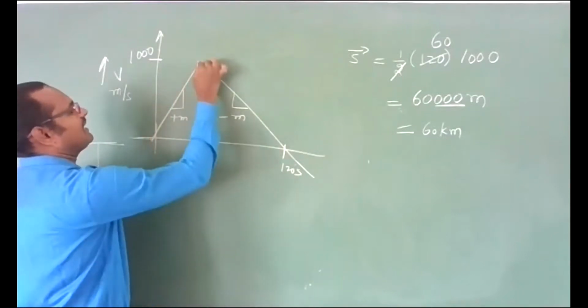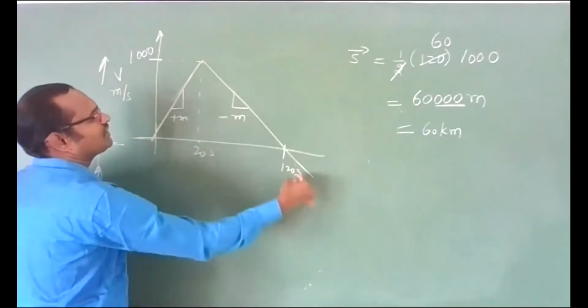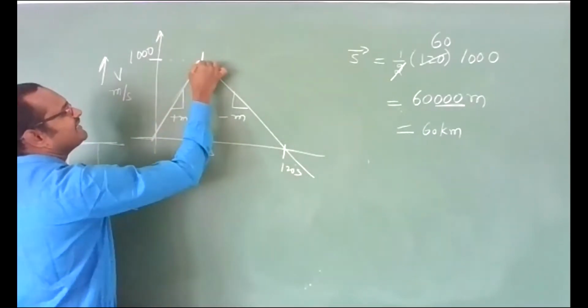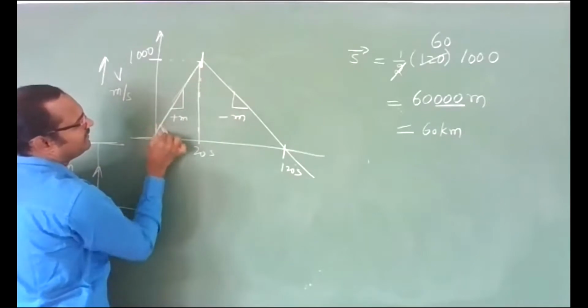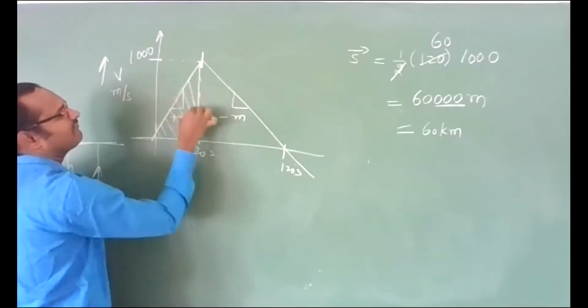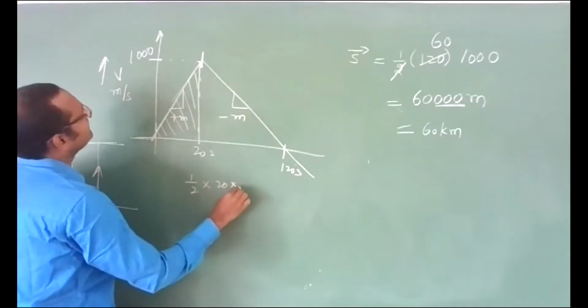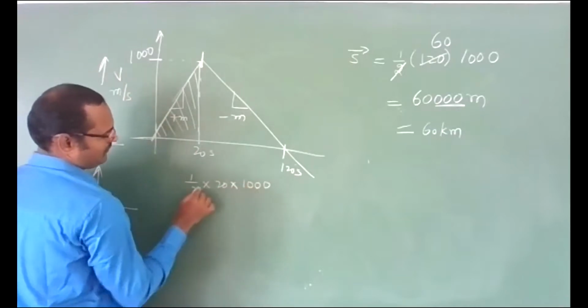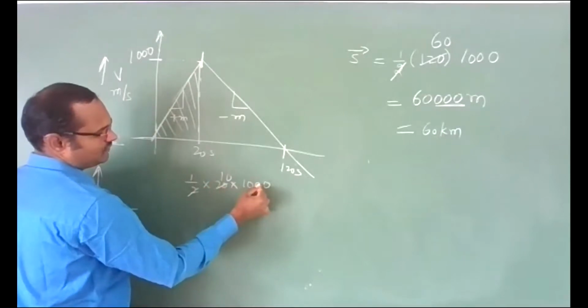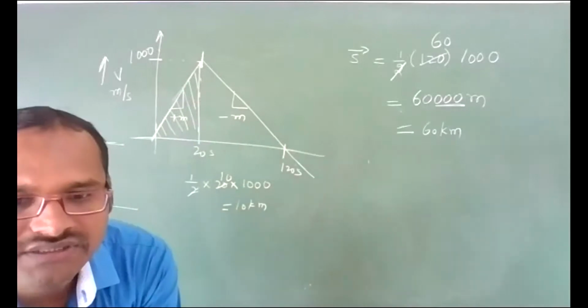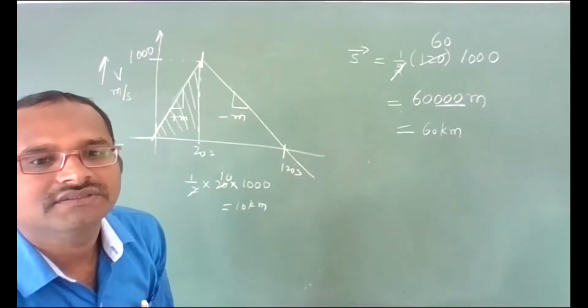Before retardation means up to here. How much can it cover? This area. Half into base, 20, into height, 1000. 1000 means 10 kilometers. 10 kilometers is the right answer.